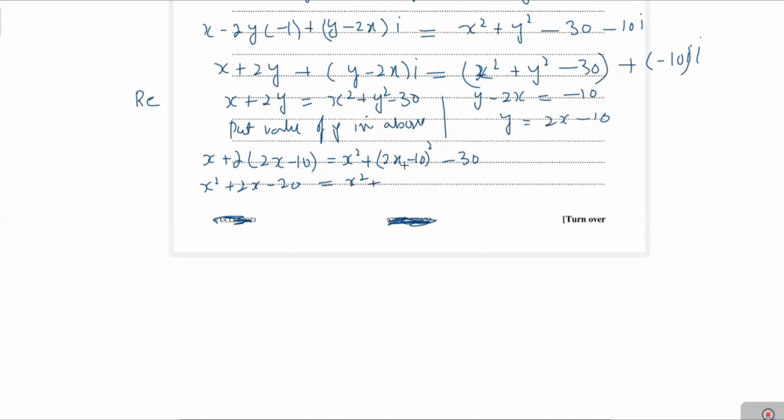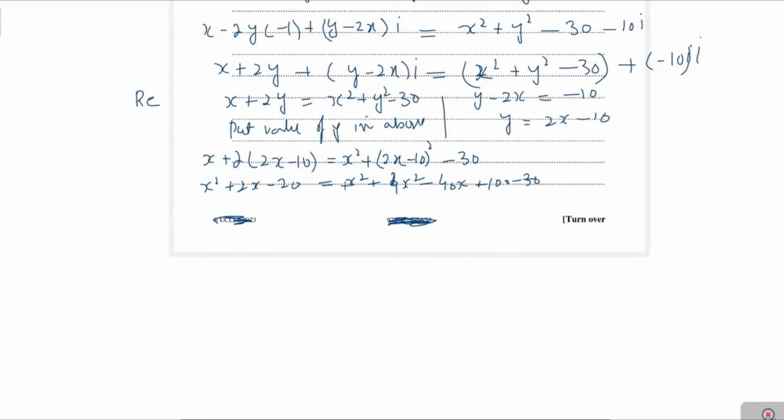Now we use the identity (a minus b) whole square, that is a square, so 2x squared becomes 4x squared, minus 2 times ab, that becomes 2 times 2 times 10, that's 40x, plus 10 squared is 100, minus 30.